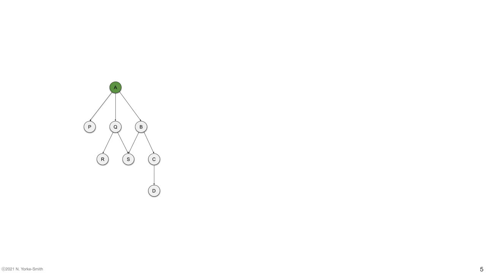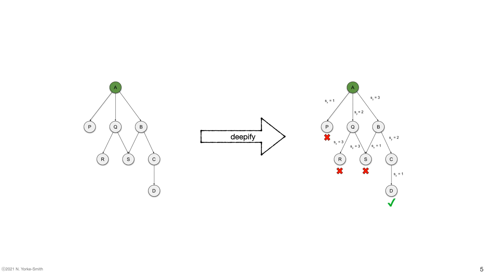But what if, just what if, we could do what we call a deepification process? Rather than running a standard classical shallow variable ordering heuristic, what if by some process of deepification, we could have a heuristic which would do more look ahead? And this is the idea.